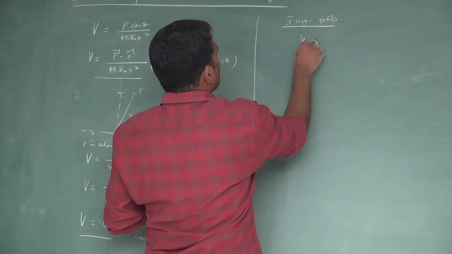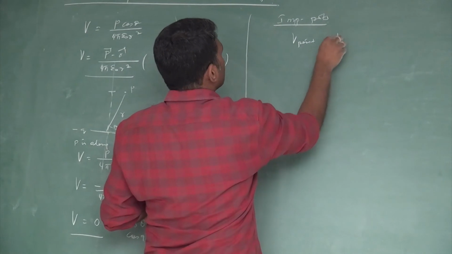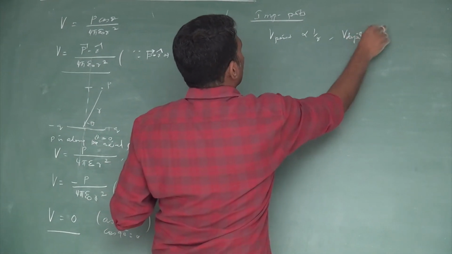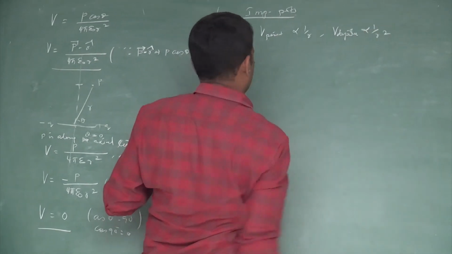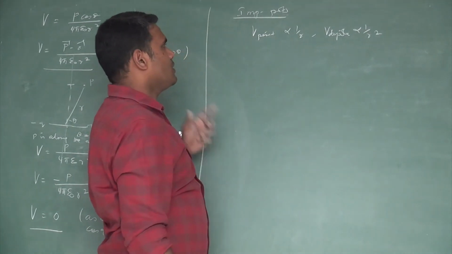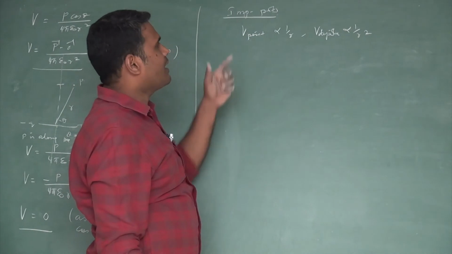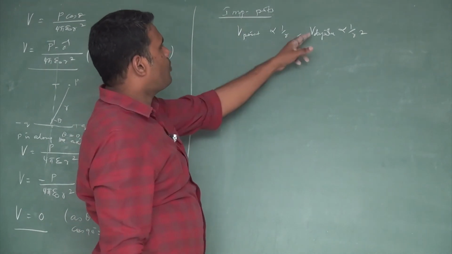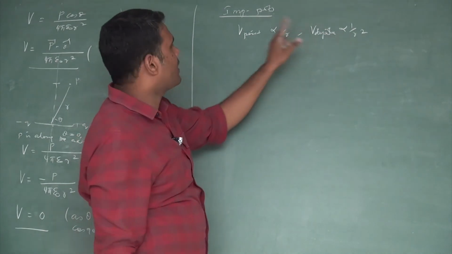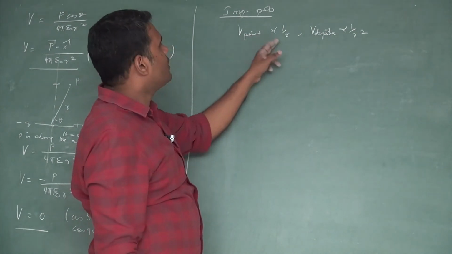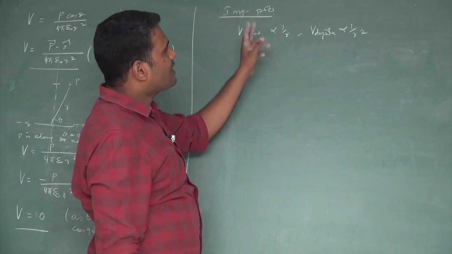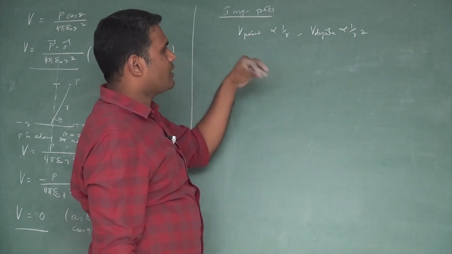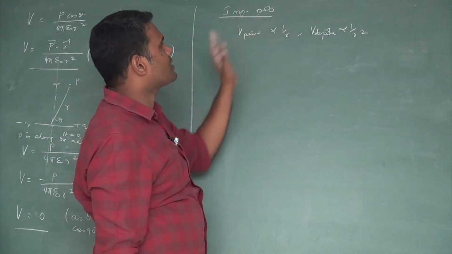The potential due to a point charge varies inversely with r. Potential due to a dipole varies inversely with r square. So the potential at any point due to a dipole easily vanishes when compared with the potential due to a point charge. Why does this happen? As we saw in the earlier case about electric fields, the same explanation comes here.